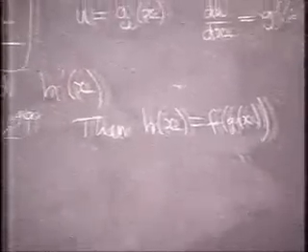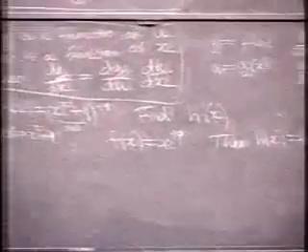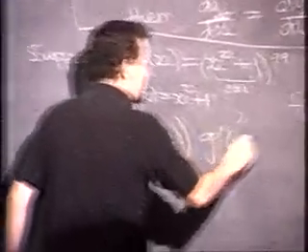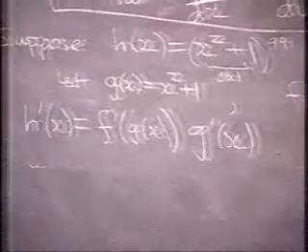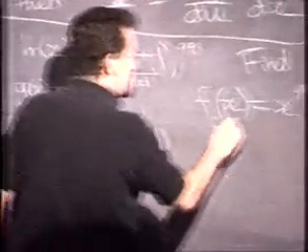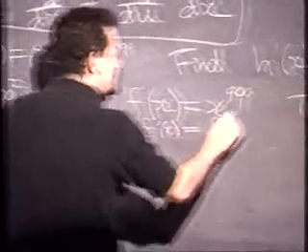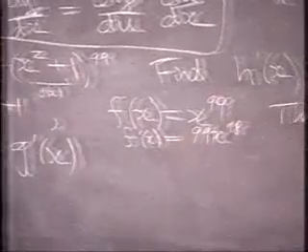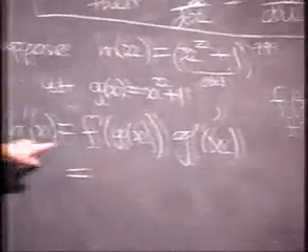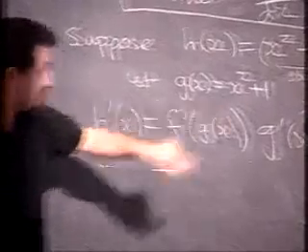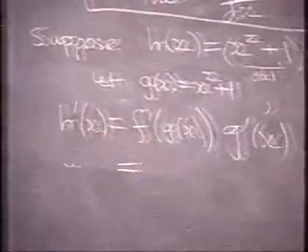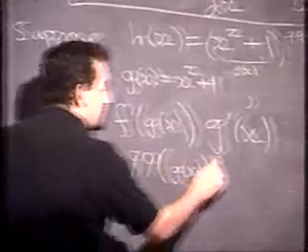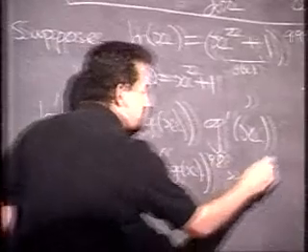So it's a composition. According to the formula, h prime of x is f prime of g of x times g prime of x. Well, we're going to need these quantities. If f of x is x to the 99, we know f prime of x is equal to 99x to the 98. So this has got to be 99 g of x to the 98 times the derivative g prime of x.